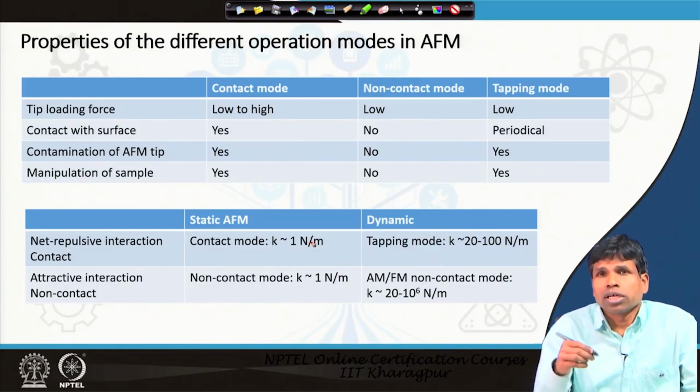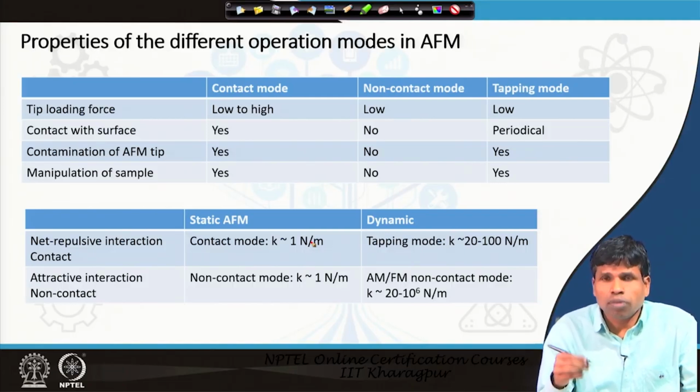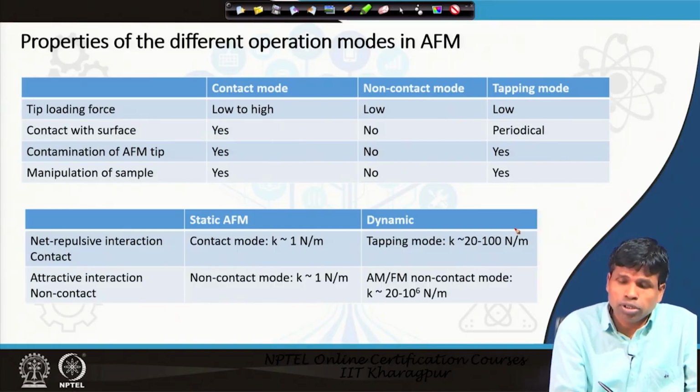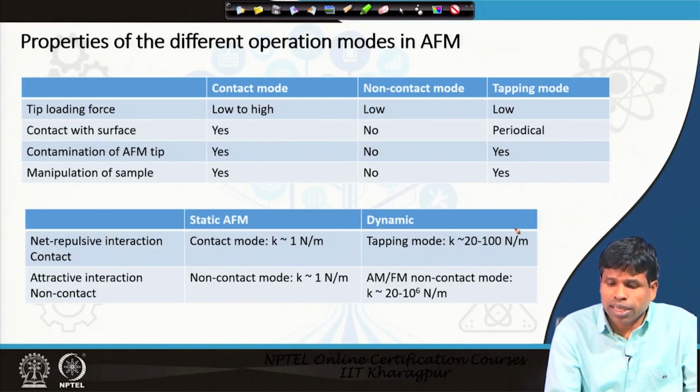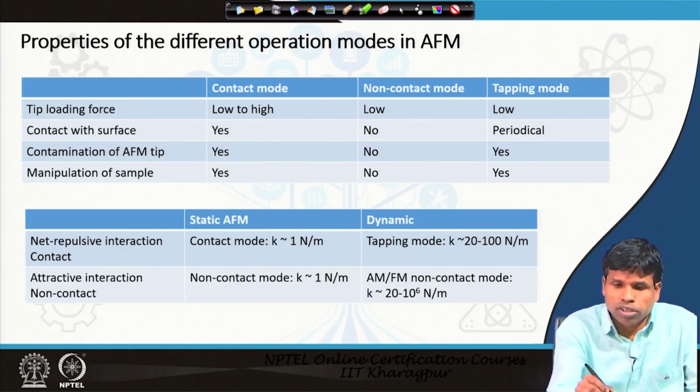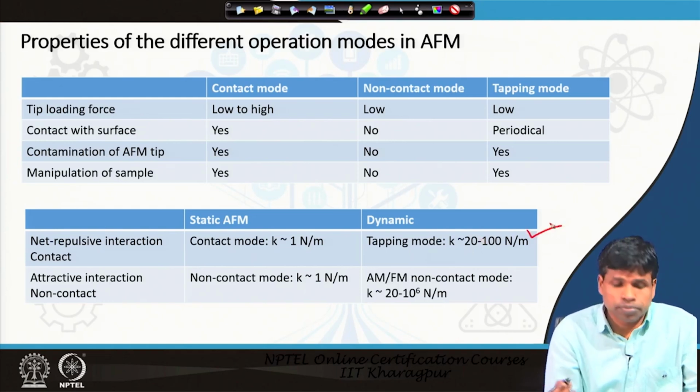In the dynamic mode, as the probe has to oscillate, we have to have a higher resonance frequency, and as resonance frequency is directly proportional to the force constant or spring constant, the tapping mode spring constant is automatically greater.